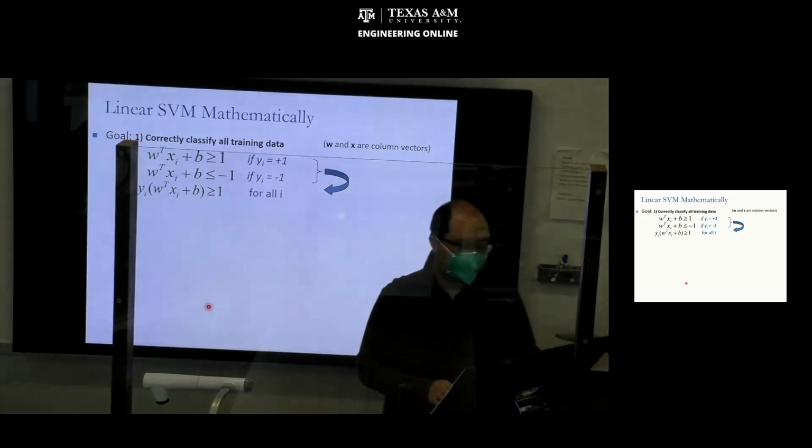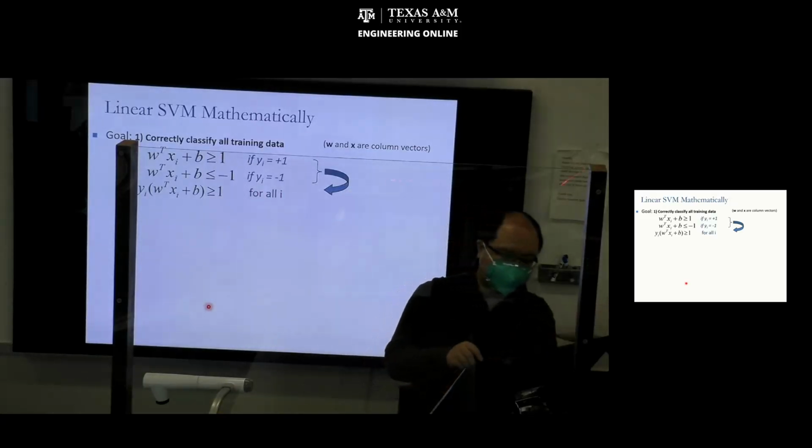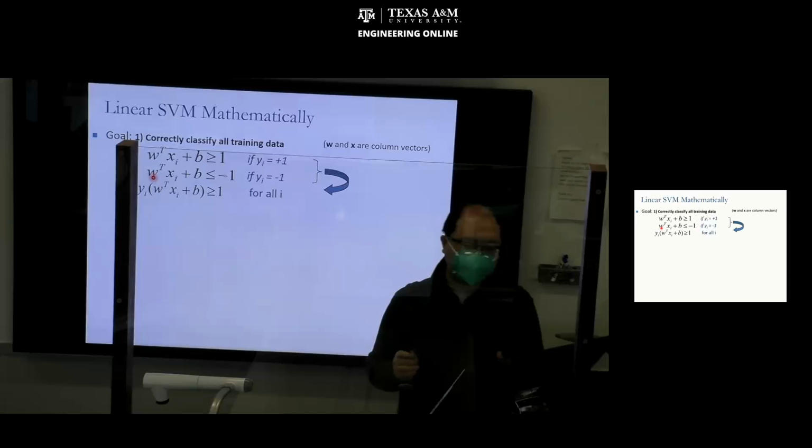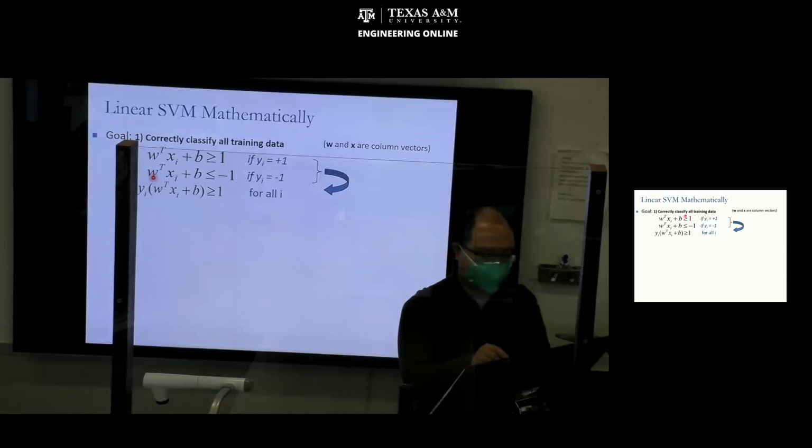As Do-Young said, our goal is to correctly classify the training data if the labels are +1 and -1, blue and white. So these are the constraints we have. Then we can rewrite these two types of constraints, one for blue and one for white, into just one inequality based on yi.